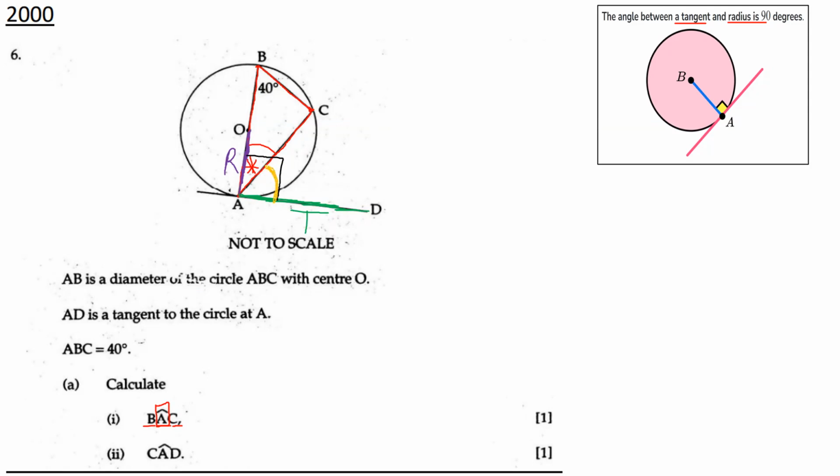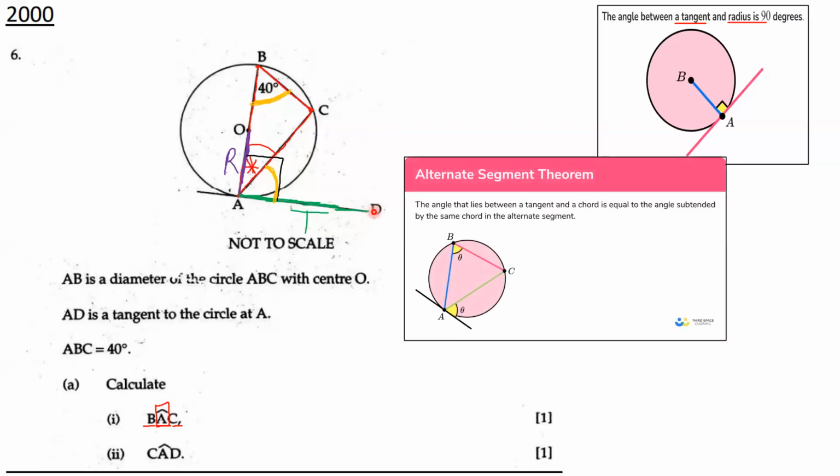Now, this angle is definitely equal to 40, right? It's definitely equal to 40 because if you look carefully, that is the angle formed between the chord, which is AC, and the tangent AD. That's what this line is. And so we could use the alternate segment theorem, which says that the angle formed between the chord and the tangent is equal to the angle subtended by the same chord.